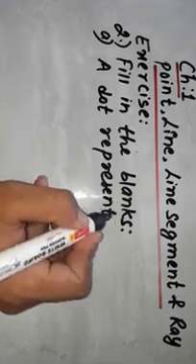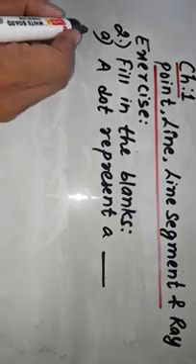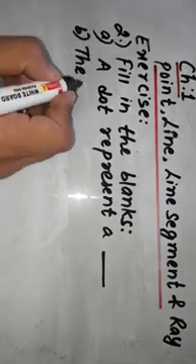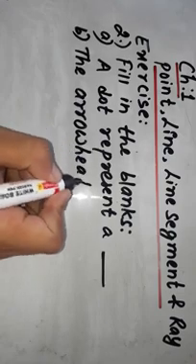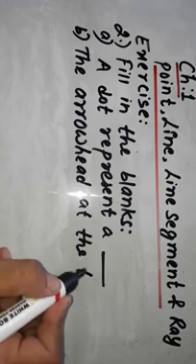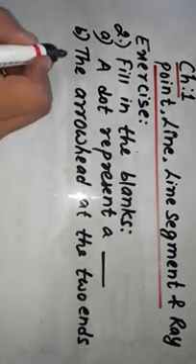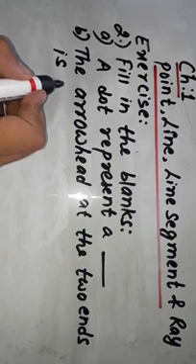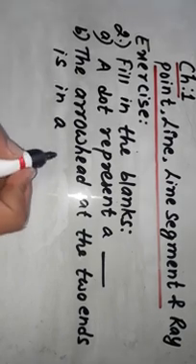A dot represents a dash. The arrowhead at the two ends is in a dash.